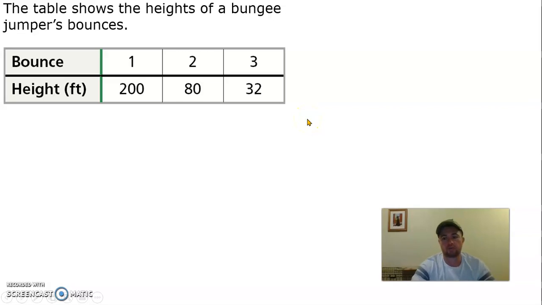So in order to prove if it's a geometric sequence, I need to find if it has a common ratio. And I'm going to do that by this. I'm going to take 32, my third number in my sequence, and I'm going to divide it by 80, my second number in my sequence. 32 divided by 80 is 0.4.